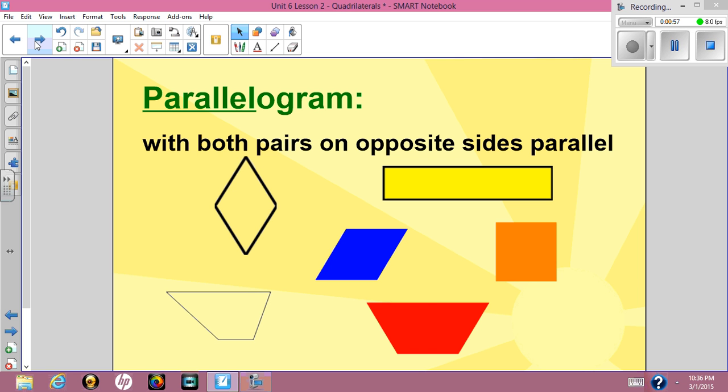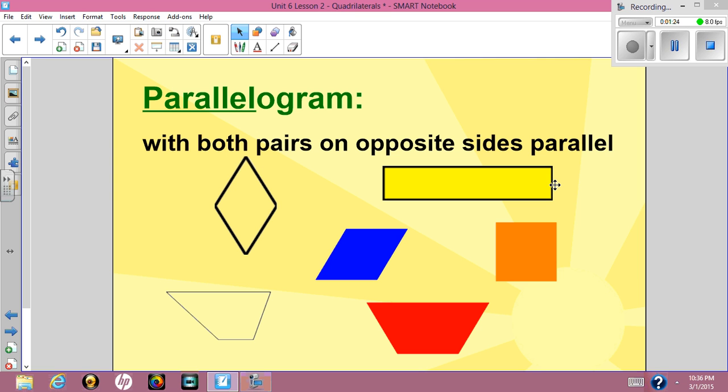So a parallelogram is a figure with both pairs of opposite sides parallel. So if you were to identify parallel lines, here's one and here's one, here's one and here's one, this is a parallelogram. The rectangle here has these 2 sides parallel and these 2 sides.